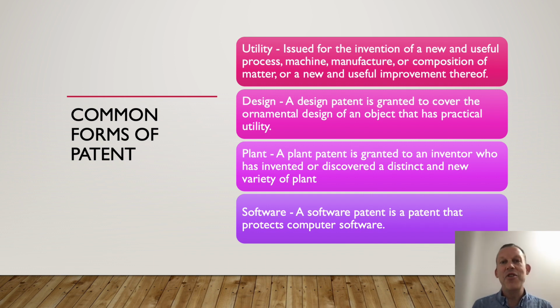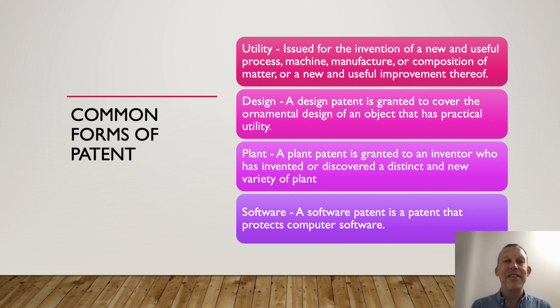It also can be a new or useful improvement of an old system, but it still needs to be new and different enough. A utility patent could be for something like a new Gillette razor. It might improve on the old Gillette razor, but still could be patentable. Next is a design patent.